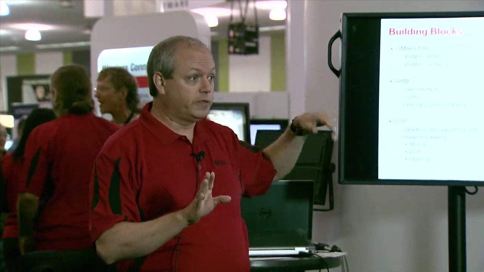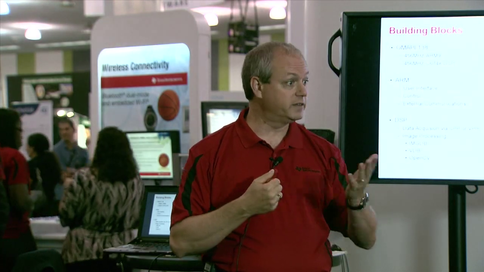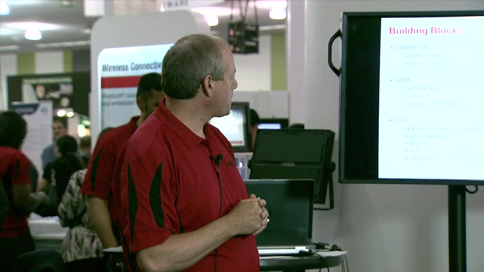If you're not familiar with it from TI, it's a 456 megahertz ARM9 married to a 456 megahertz 674X DSP, all in the same piece of silicon. The ARM is capable of running embedded Linux, and the DSP is there for you to do whatever signal processing, in this case image processing, that you would like to do in your product.